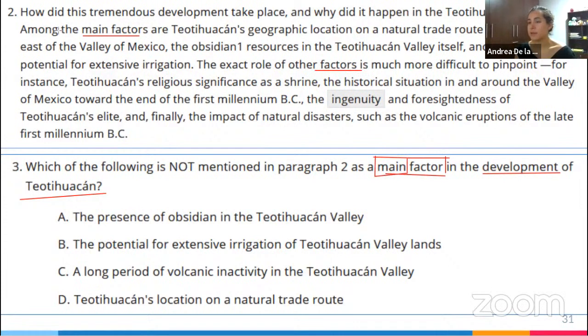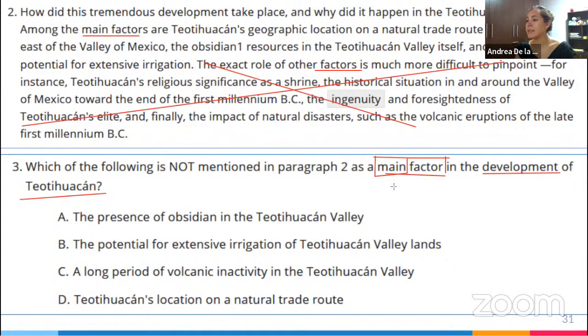But there's a difference because in this part, they talk about the main factors. They say among the main factors are, and in this other part, they talk about other secondary factors, which is not the same as main. So you should not read any of these and you should only focus on the first part. So careful with these modifiers. It's not the same saying a main factor than a secondary factor or other factors, right?